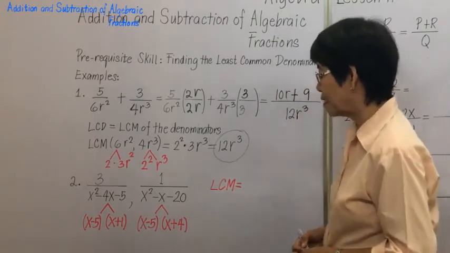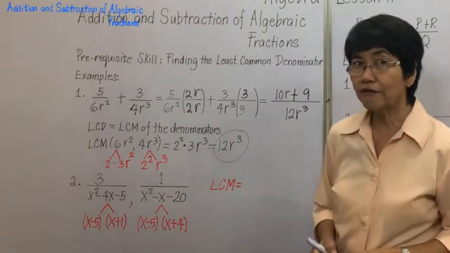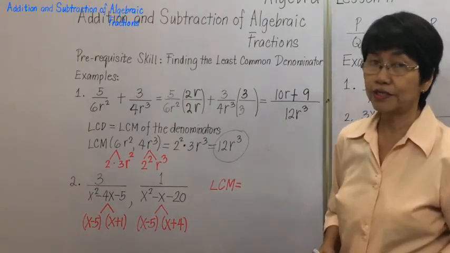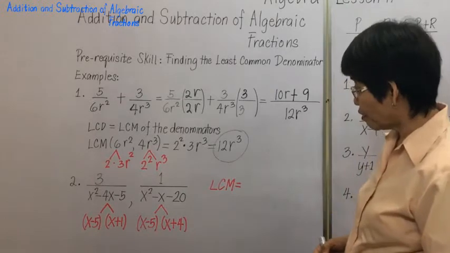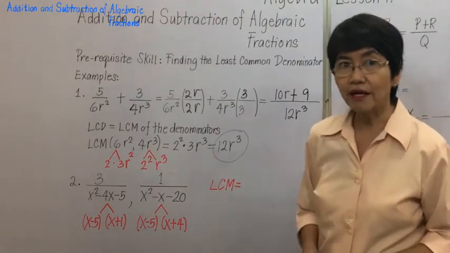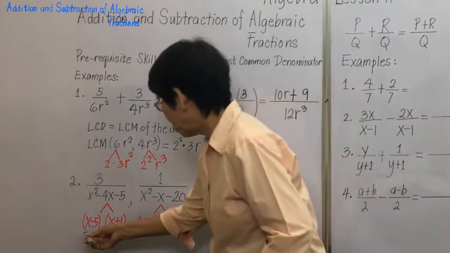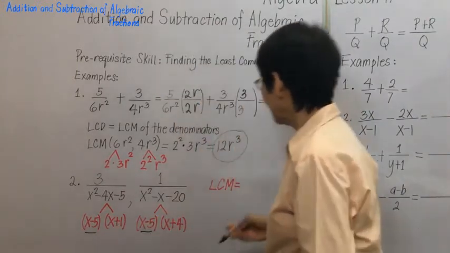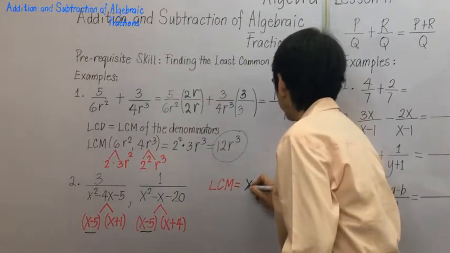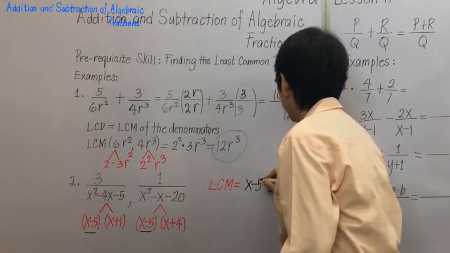So the LCM is the product of all the factors involved. If there are common factors, you write the common factor first. So we have here a common factor, x minus 5.